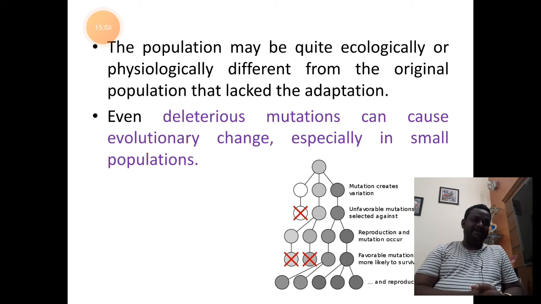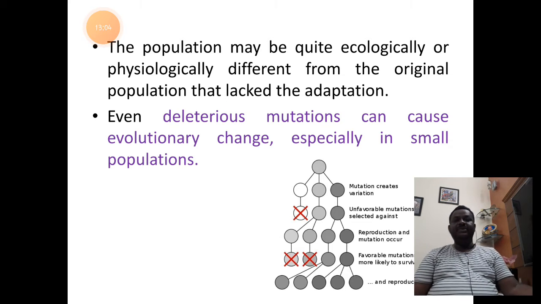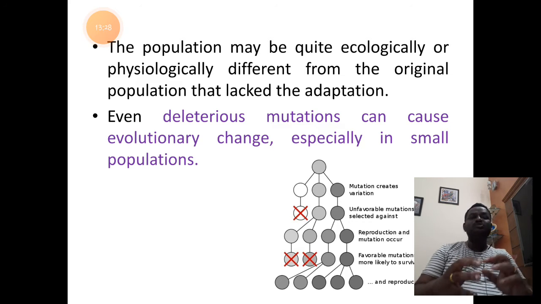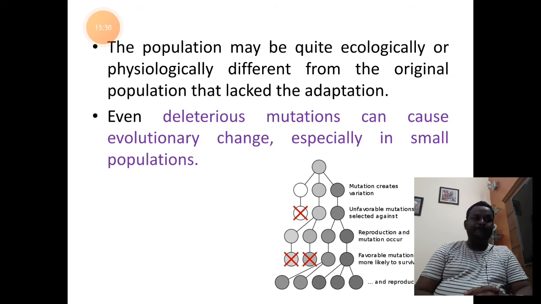So this is about the importance of the impact of mutations on the frequency of alleles. Next, the new species of populations obtained is ecologically and physiologically different from the original population. However, the new species of population formed initially will be in very small groups or small number.